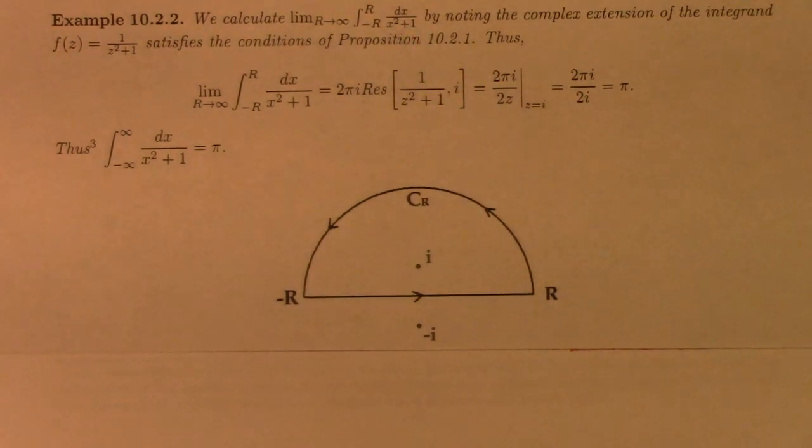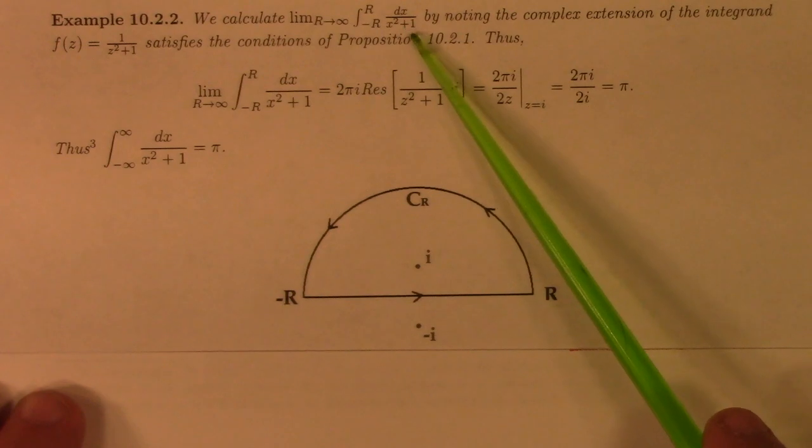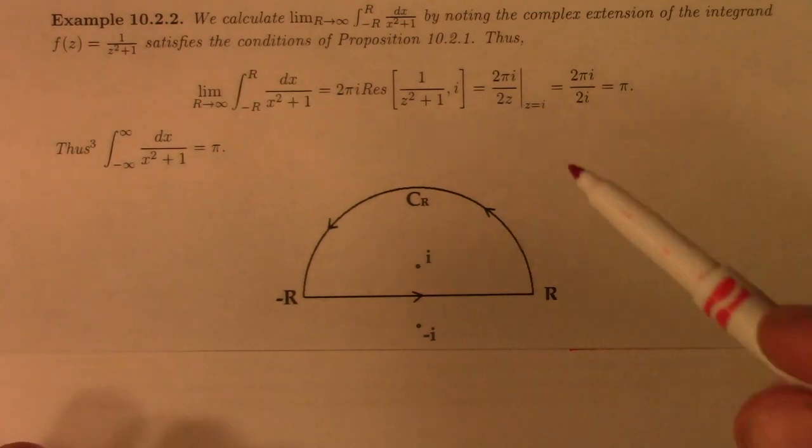Pause for a second here. We can do that integral without complex analysis, because the integral of 1 over x squared plus 1 is the inverse tangent. So we know the answer is pi, because pi over 2 minus minus pi over 2 is pi. Now, anyway, let's work it out here.